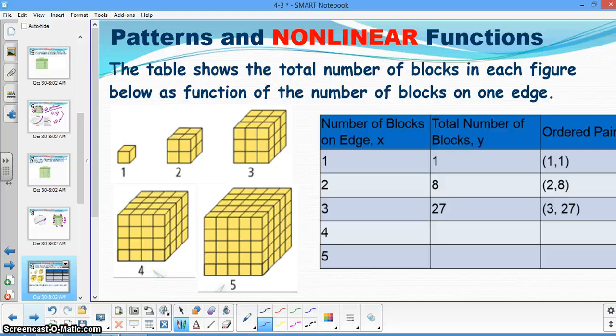How many edges? 3, 4, and 5, which we don't know. However, we were given the total numbers of blocks for 1, 2, and 3. Take a moment, graph the data, identify the numbers for 4 and 5, and try to come up with an equation that represents this data.